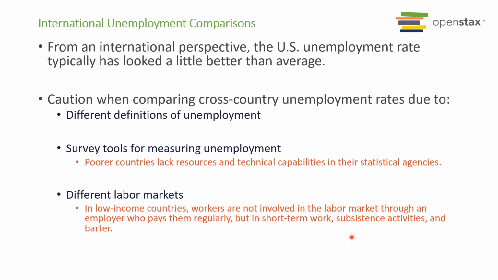It could be more subsistence activities and barter, such as if somebody's a carpenter and somebody else is a tailor, they could exchange their services, where the tailor might need the carpenter to come over and do some work on their home while the carpenter might need some clothes tailored. Both of them are in a type of contract, but it wouldn't show up in the data at all. So again, when you're looking at international comparisons of labor markets, there are a couple of things to keep in mind.